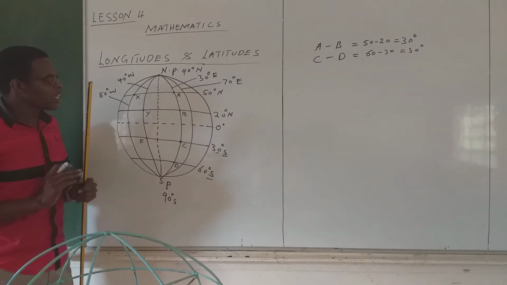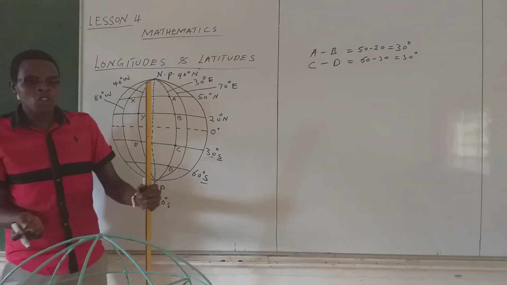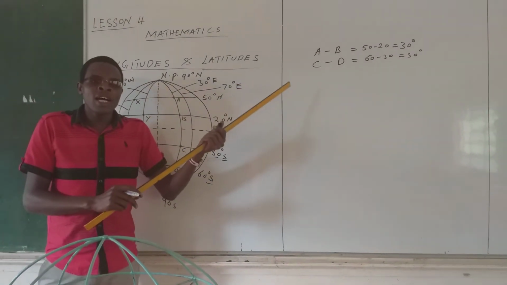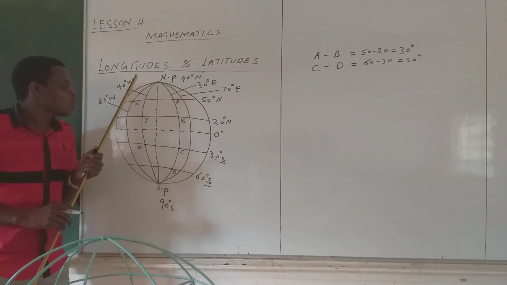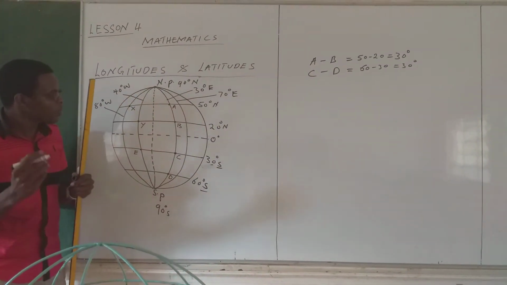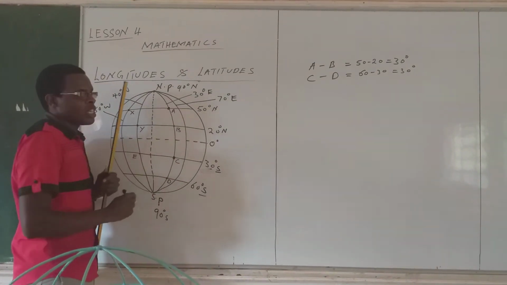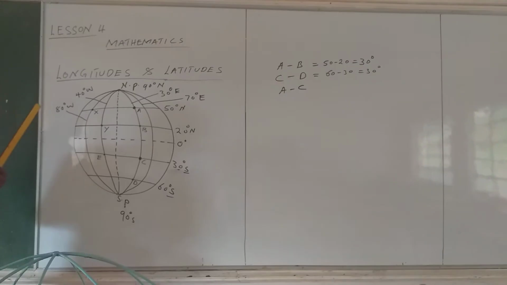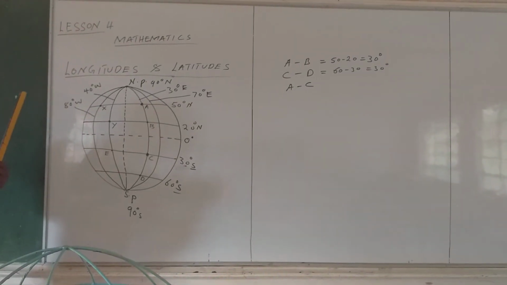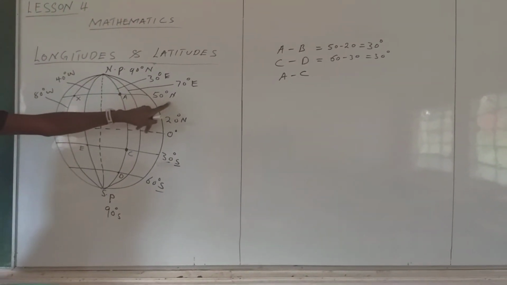Now, let us try to consider the ones which are lying on opposite sides. When we talk about opposite sides, maybe one is north and the other one is south, or one is east and the other one is west. For example, let us consider point A and point C. If you look at point A, point A is on 50 degrees north.